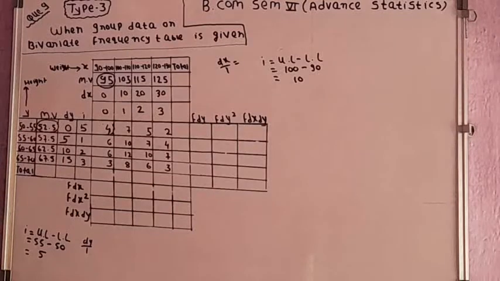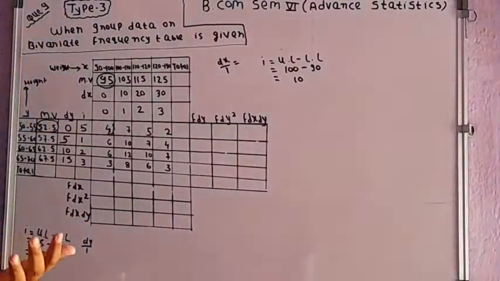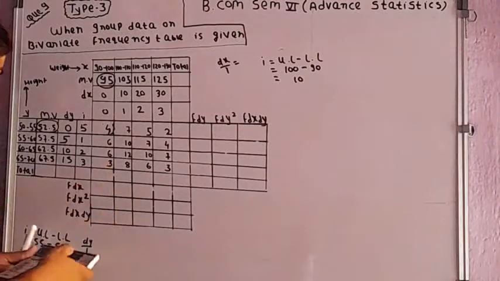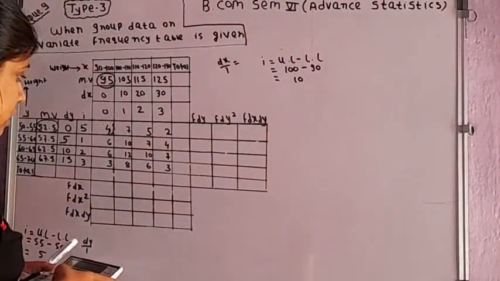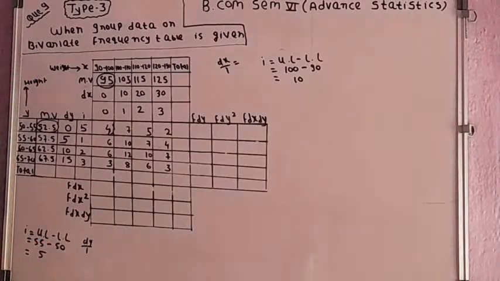Now we have to make the total of the frequencies. Here the frequencies are given. First of all, we'll have to make the total of it in order to find out the number of observations. So let's find it out for the X series first. 4 plus 6 plus 6 plus 3 comes to 19.